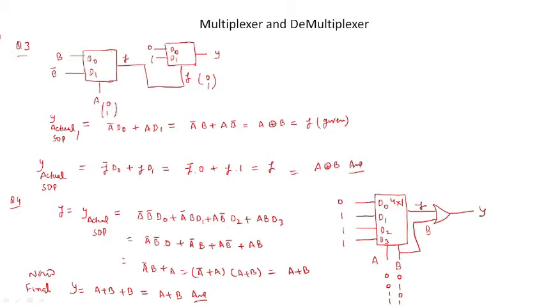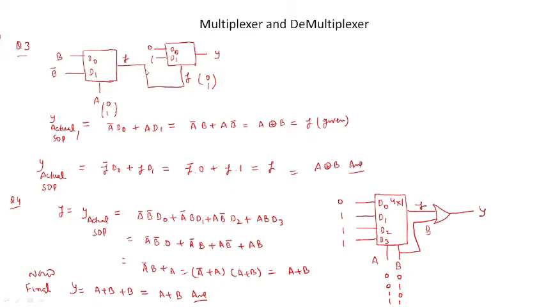Let us say this input line is represented by D0 and this input line is represented as D1. So your output F will be written in actual form as A bar D0 plus A D1. We can write the values of D0 and D1, so it will be A exclusive OR B, which is equal to F.